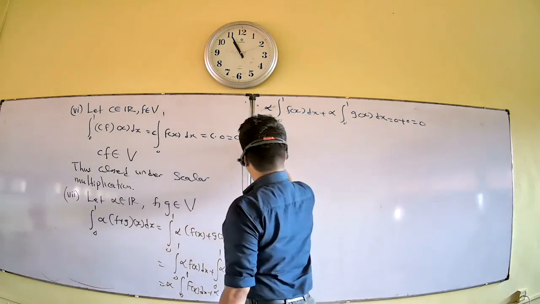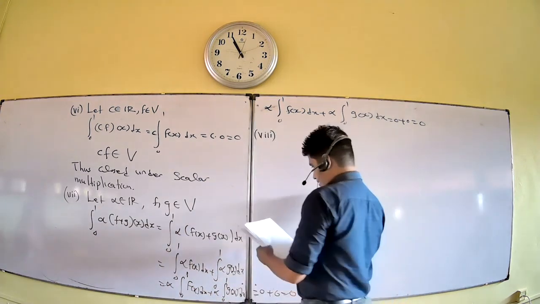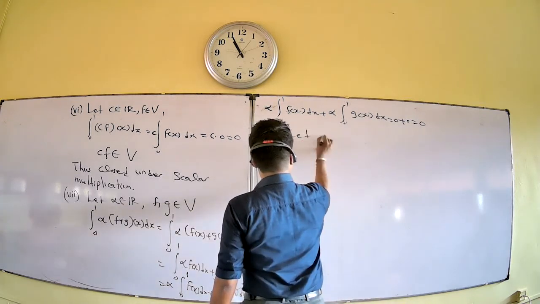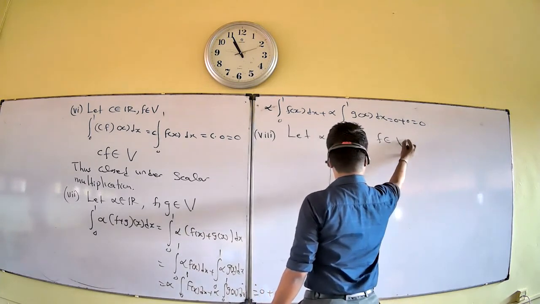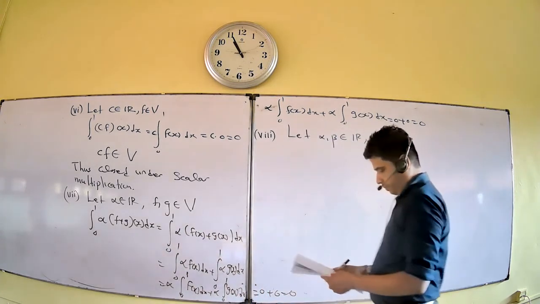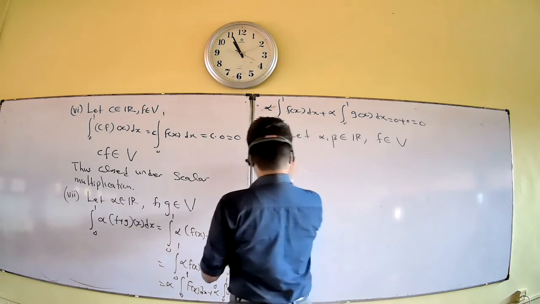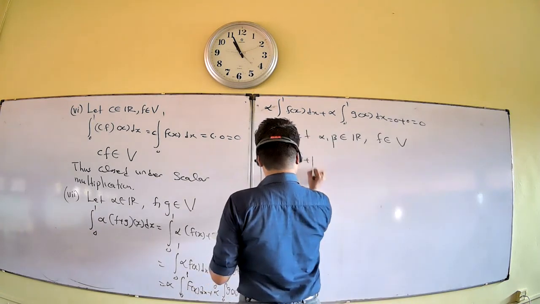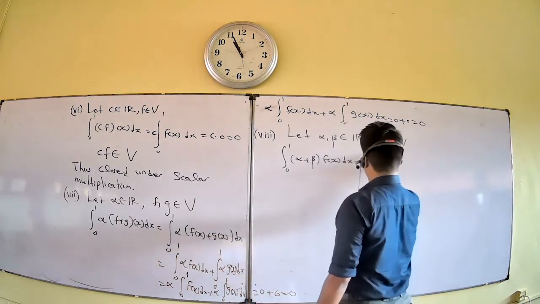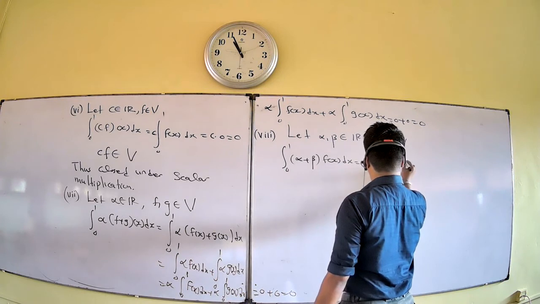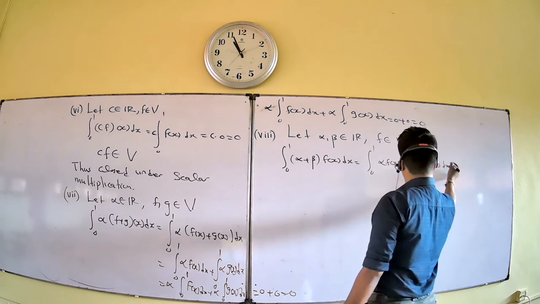Now axiom number 8. Let alpha comma beta in real numbers, f in V. Okay. So the integral from 0 to 1 of (alpha plus beta) f(x) dx. So this is right, the integral from 0 to 1 of alpha f(x) dx plus beta f(x) dx.